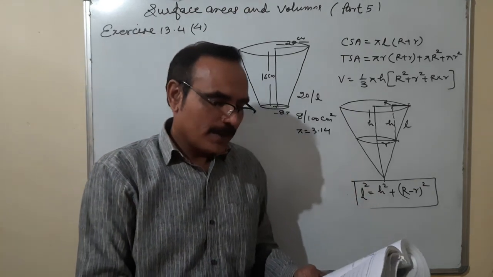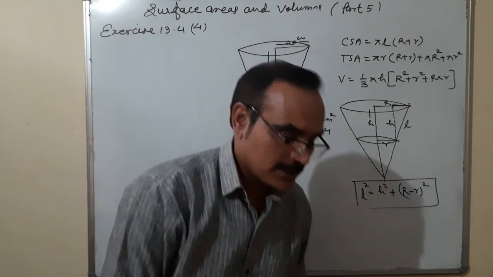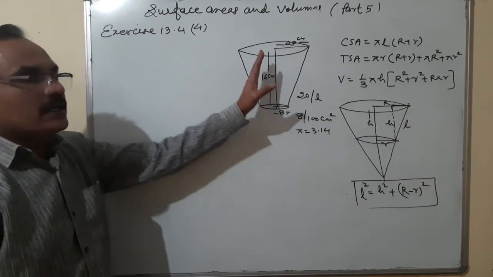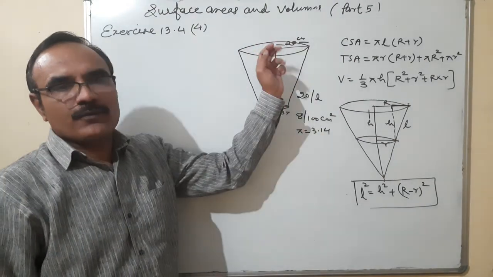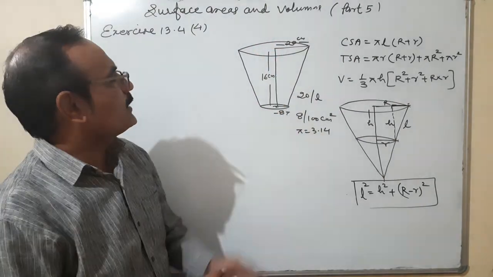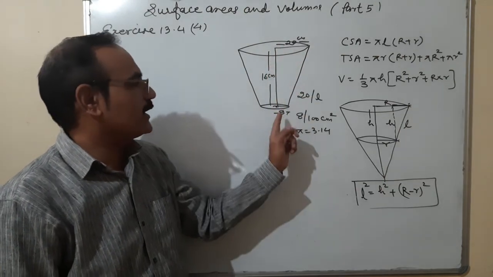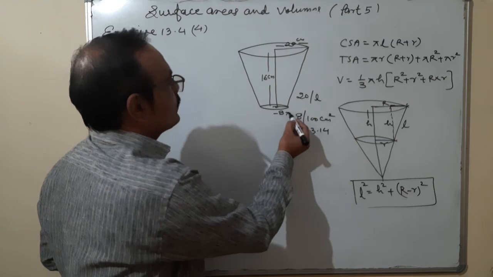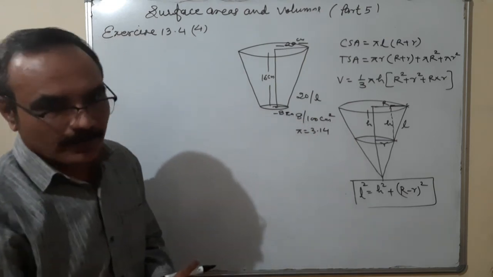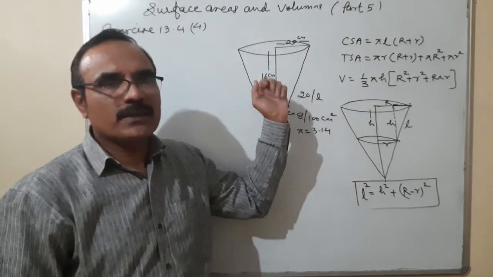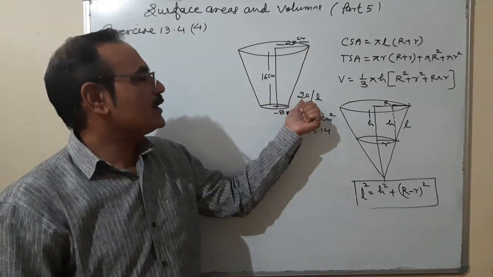The container is opened from the top and made up of a metal sheet. This is a container which is opened from the top. Given that the height is 16 centimeter, there are two radii, upper and lower, 20 centimeter and 8 centimeter respectively. We are going to find the capacity, that means the milk it is filled with, and the cost of milk is rupees 20 per liter.